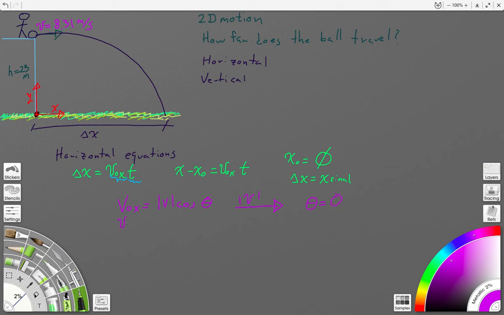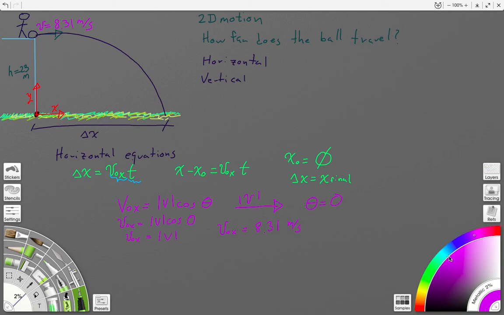Therefore, this becomes Vox equals V cosine of 0, which is 1. So we have that Vox is equal to the magnitude of my velocity vector, and this means that Vox is equal to 8.31 meters per second.